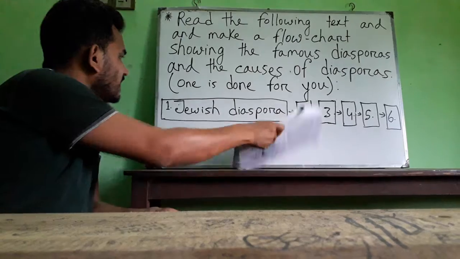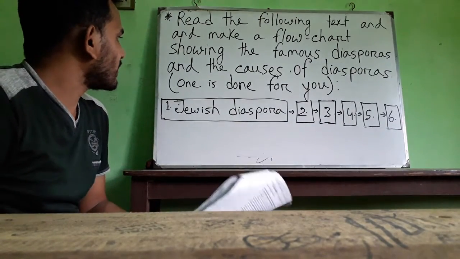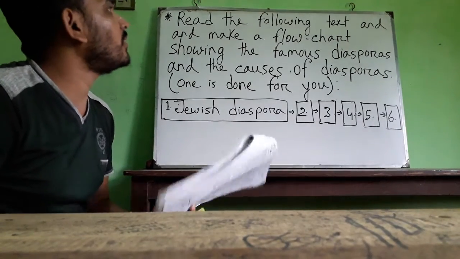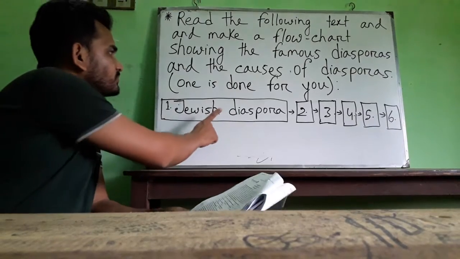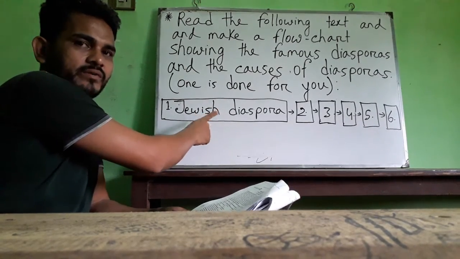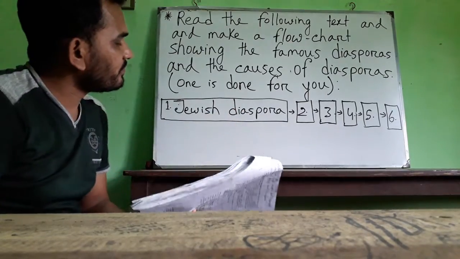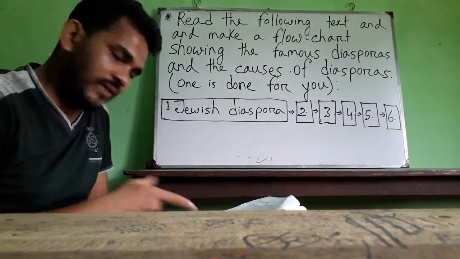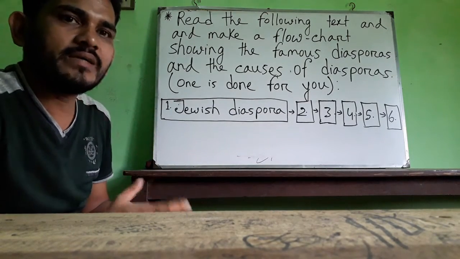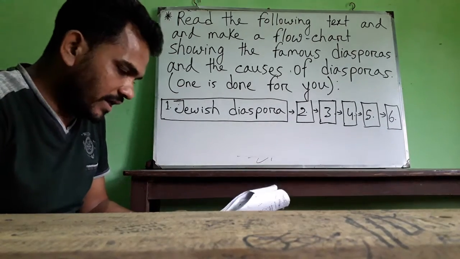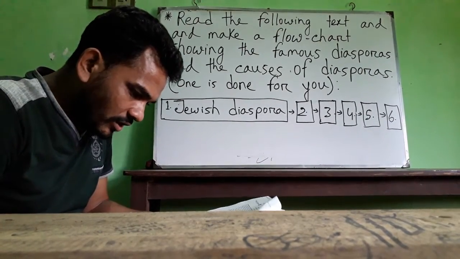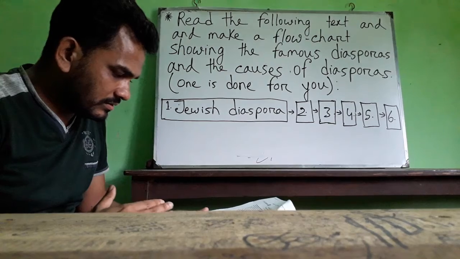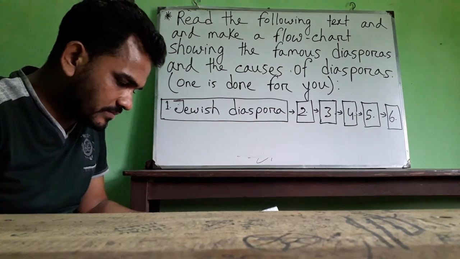So in the passage we came to know some noteworthy, some famous diasporas. Okay, we came to know about some famous diasporas. Here one is written for you in the first box. So what are the other diasporas? From the passage we can take it. Here we also saw the other names of diasporas.